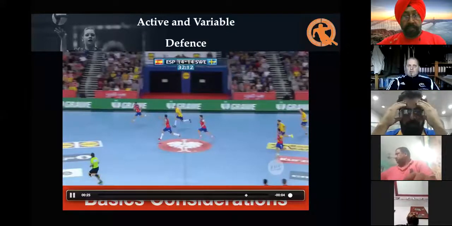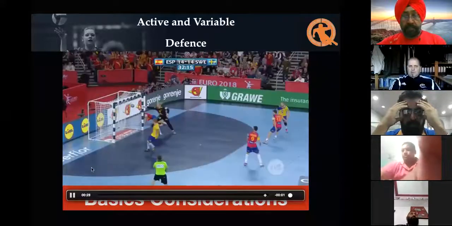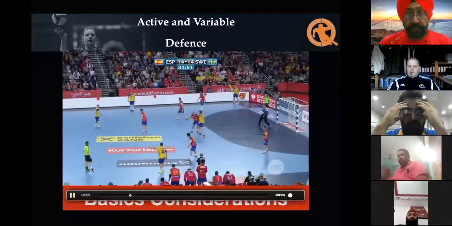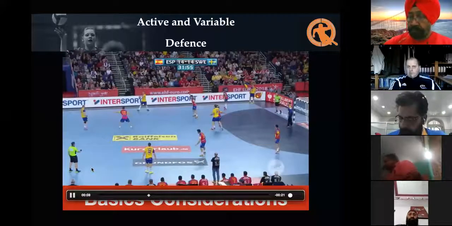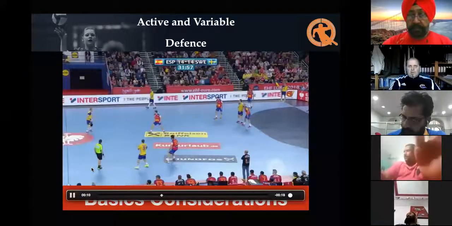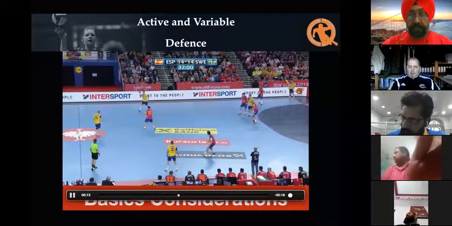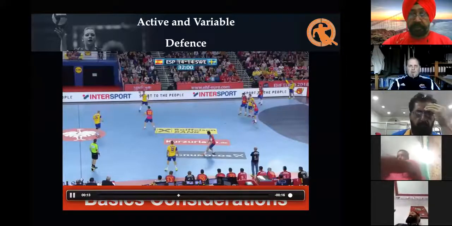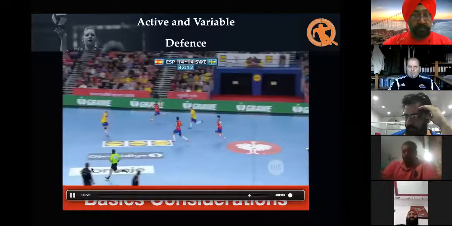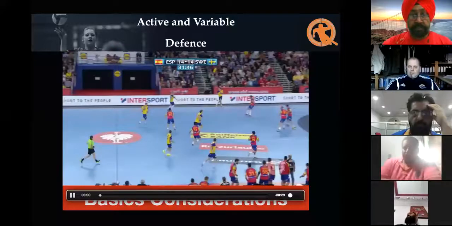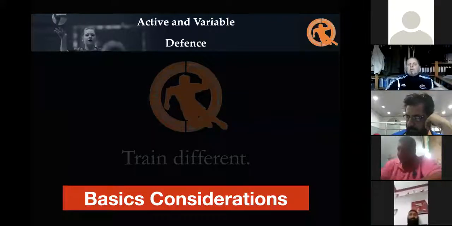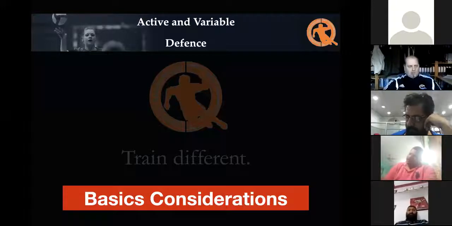So from these 2 examples, you can see on one side the very wide range in defense we have, because in the first you saw a 6-0 defense, only standing at the 6-meter line, only waiting, doing nothing, allowing the attackers to prepare their attack actions like they wanted to. Whereas in this second example, you see an active defense, very, very wide open, very much orientated on intercepting the ball and going to fast break.